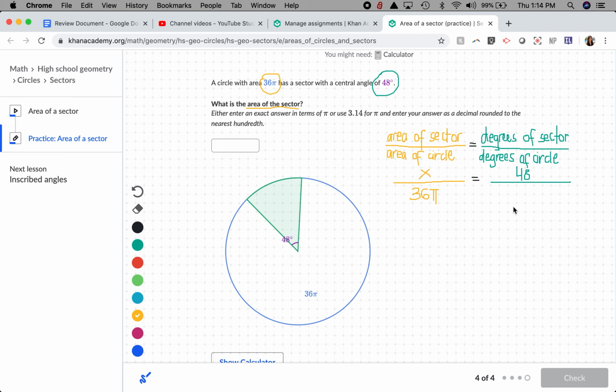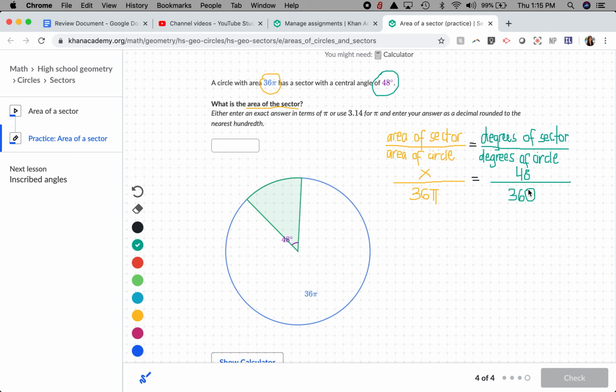And just like we talked about earlier, the only way we can find x is if every other value here is filled in. Now we don't know yet what the degrees of the circle is, but if you think about it, any circle will always have a total of 360 degrees. So that's what I'm going to put right here in my denominator, 360.